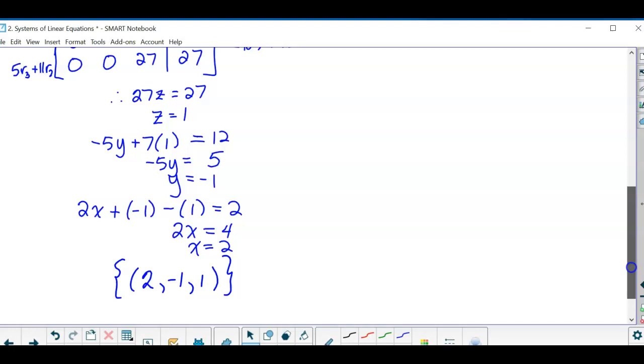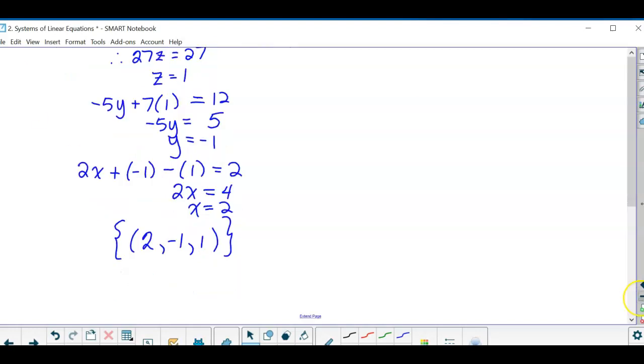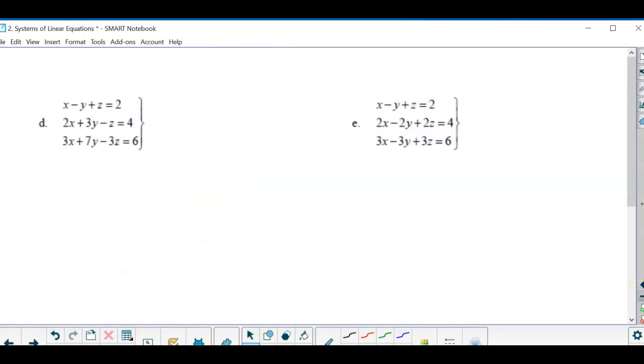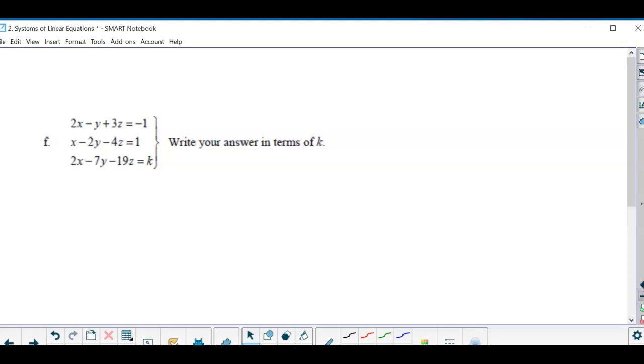And then for the last one, just take a look at the last one there. It says write your answer in terms of K. So that one you're going to need to use the method that we just did.